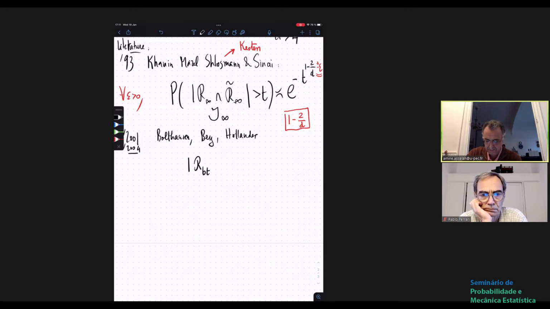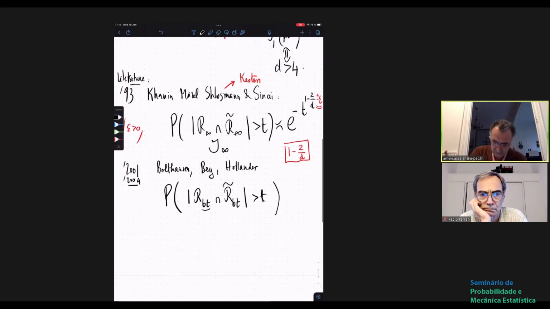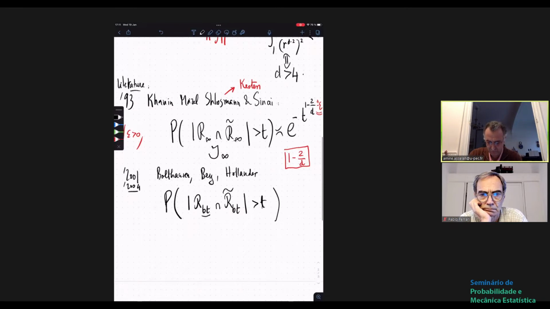So B_T, so they do not take an infinite time horizon, but just a large time. Intersection with B_T again for a copy, and they ask the same question. So let me also put that I'm really taking an average with respect to the 2 randomness.